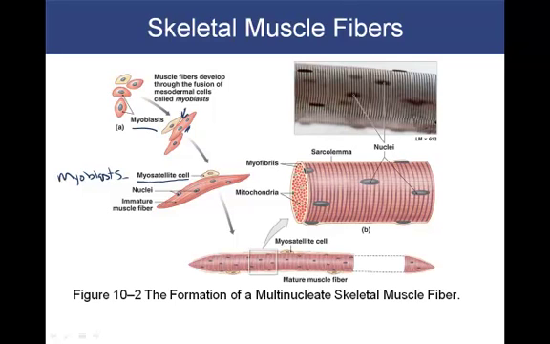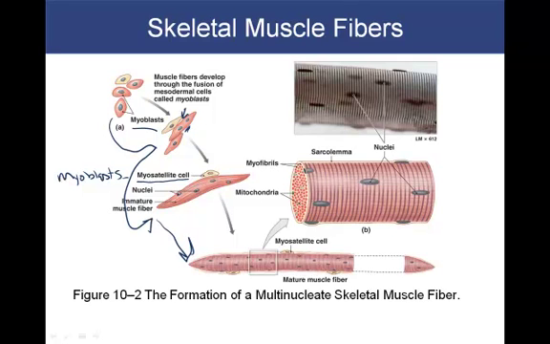So again, we have these myoblasts. They start fusing into a muscle fiber, and eventually what you end up with is this very large, mature muscle fiber that is multinucleated. There are hundreds of nuclei. So hundreds of myoblasts fuse together to form a mature muscle fiber.